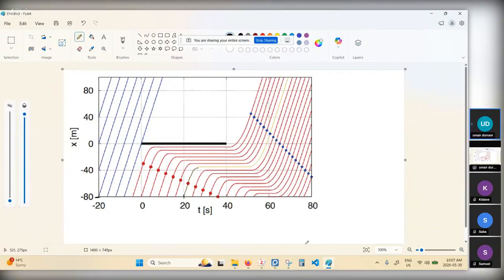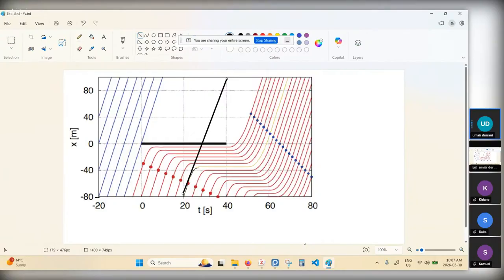So if there wasn't any traffic light here, then this trajectory would have maintained its current speed and there would be no delay. So if we draw a line using the same angle here, then it's about 40 seconds when the trajectory would have been completed within this spatiotemporal region.